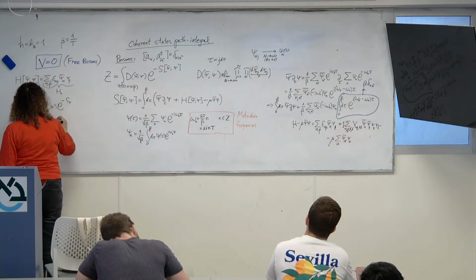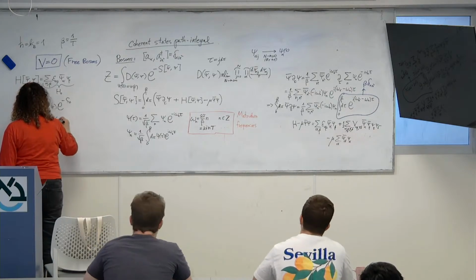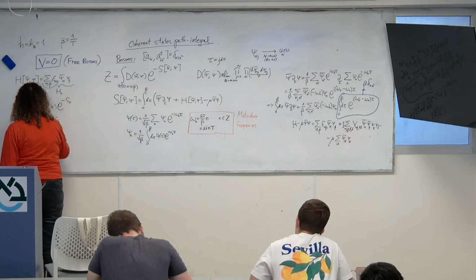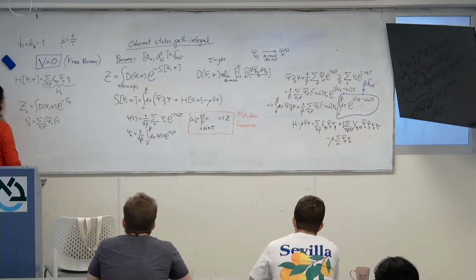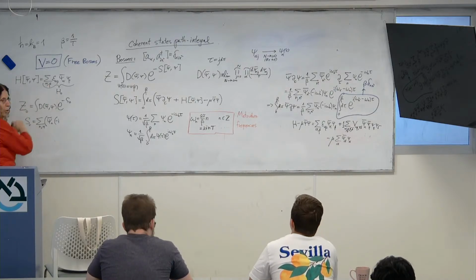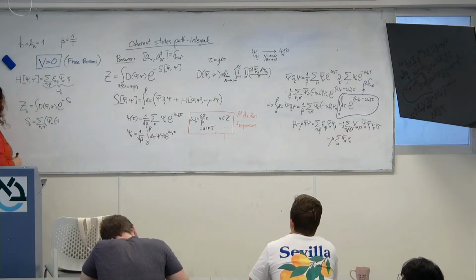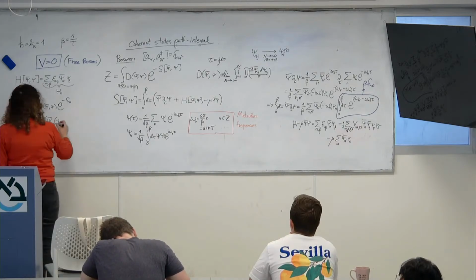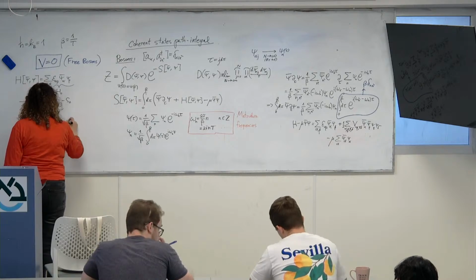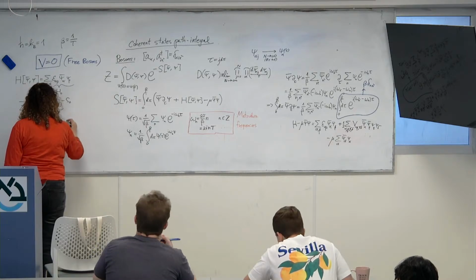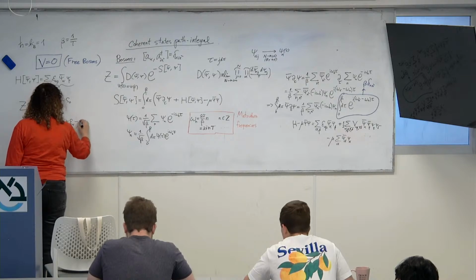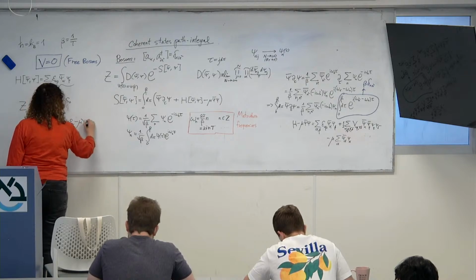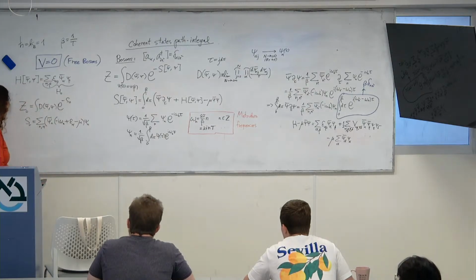psi n bar minus i, okay, let me actually write it more explicitly. So I'm choosing a basis where H is diagonal, okay? And then that's what I get. It's plus epsilon alpha minus mu times psi n.